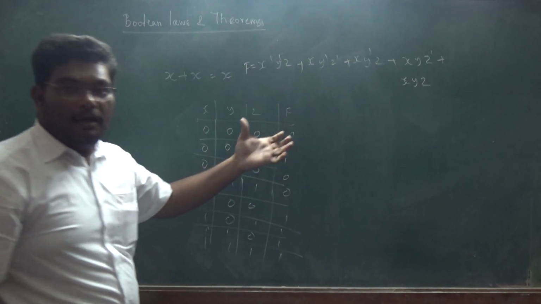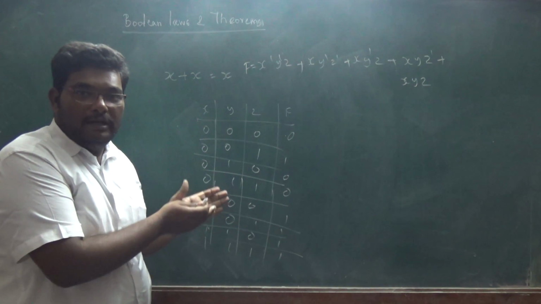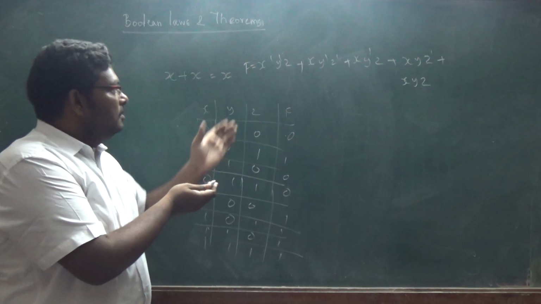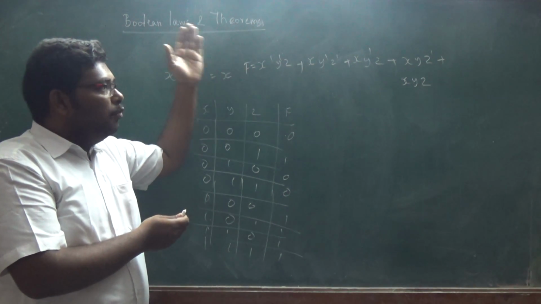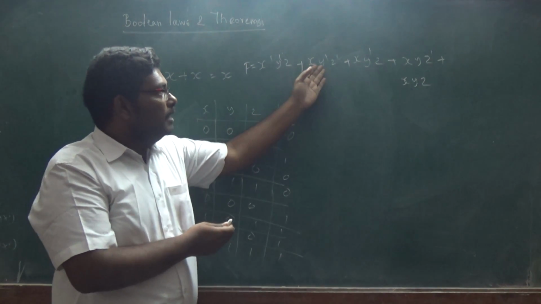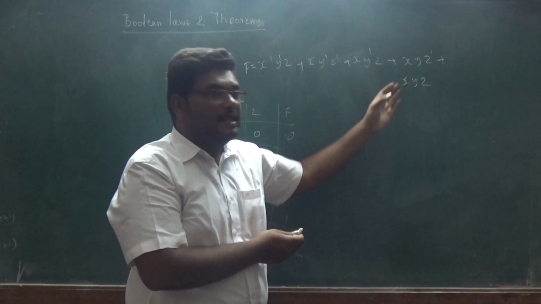So from the truth table, with x, y, z as input and f as output, we got the Boolean expression f equals x dash y dash z plus x y dash z dash plus x y dash z plus x y z dash plus x y z.